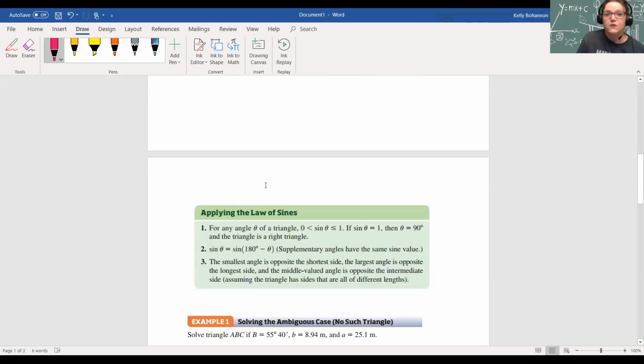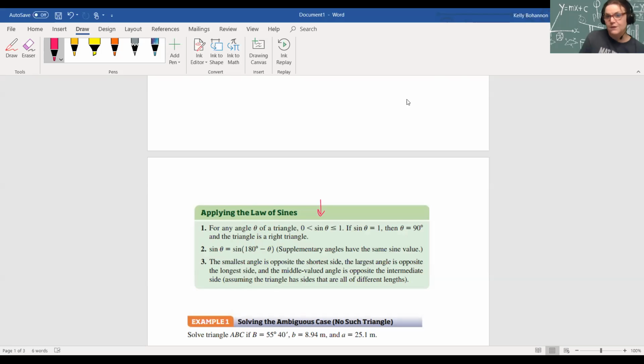Here's what you really need to remember when you're applying the law of sines. First of all, this is hugely important: sine has to be between 0 and 1. If you are calculating law of sines and your sine theta comes out to equal something greater than 1, that is your indication that you don't have any triangles.